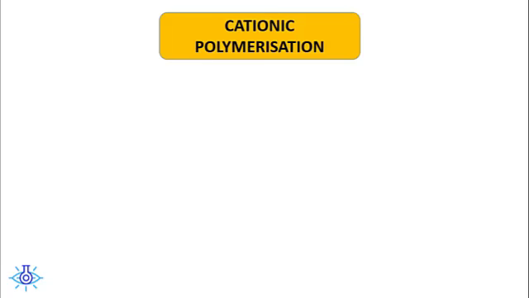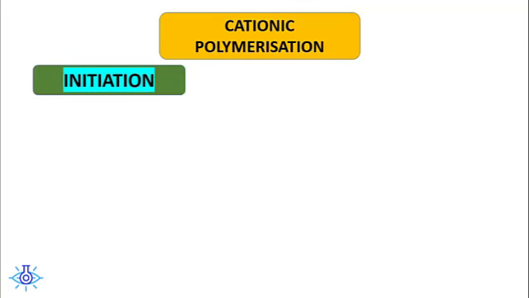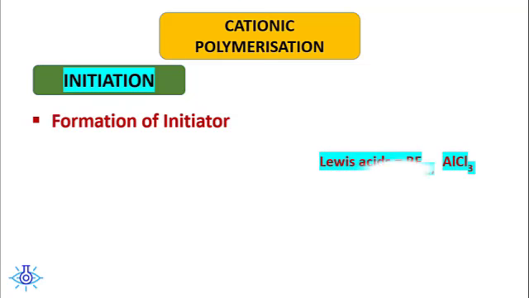As I mentioned earlier, the mechanism proceeds in three steps, and the first step is initiation. A strong Lewis acid like BF3 is used as the initiator. BF3 or AlCl3 also can be used.